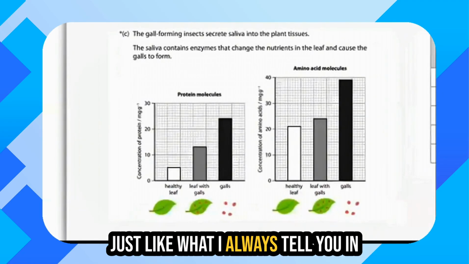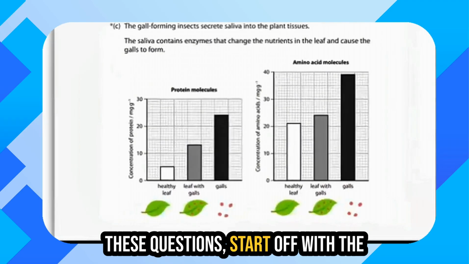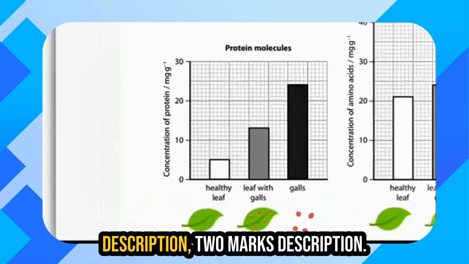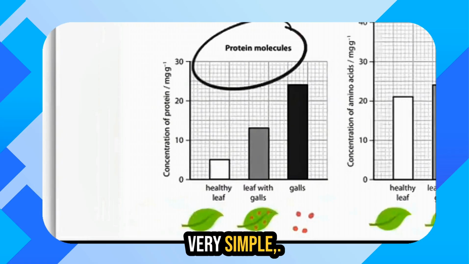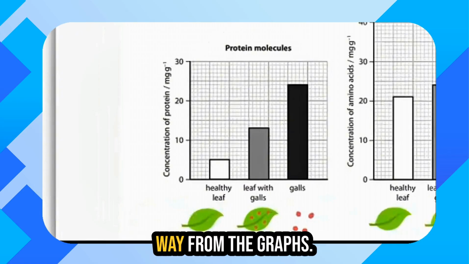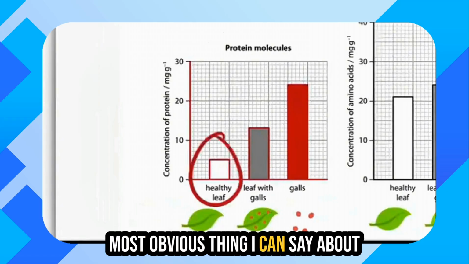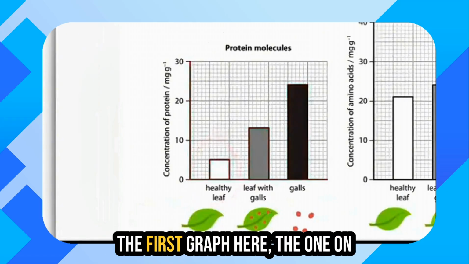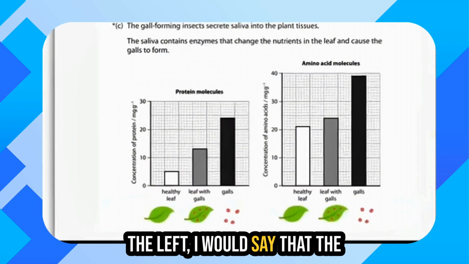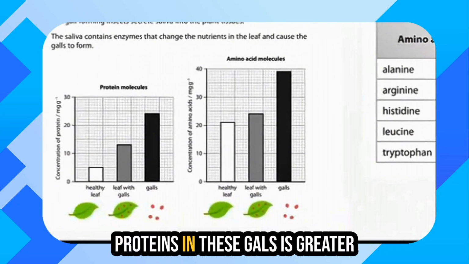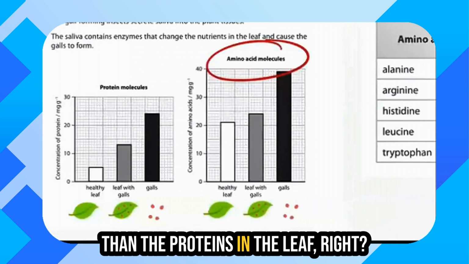Just like what I always tell you in these questions, start off with the description. 2 marks, description, very simple. You can get them all the way from the graphs. So what would be the most obvious thing I can say about the first graph, the one on the left? I would say that the proteins in these galls is greater than the proteins in the leaf, right?